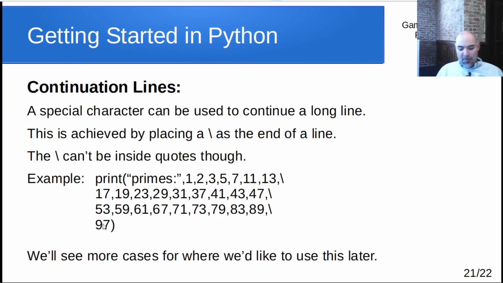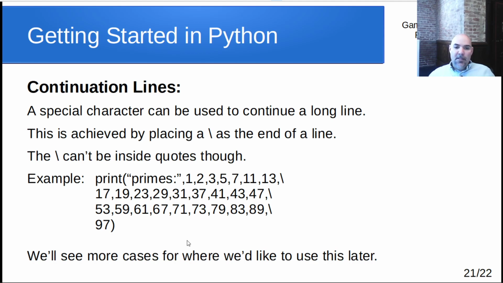And one final thing I want you to be exposed to, although we probably won't be seeing this a whole lot immediately, is this concept of a continuation line. A continuation line is a special character that, if I place it at the end of a line, as long as it's not inside of quotes, lets me take what would normally be a really long line and spread it out over multiple lines. The main reason is it helps your program be formatted in a way that is more easily read.